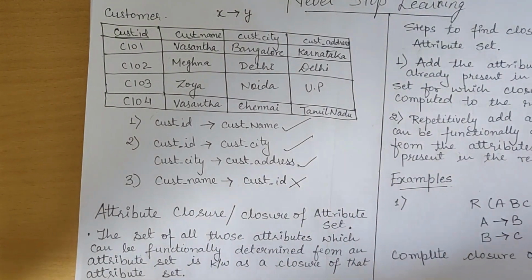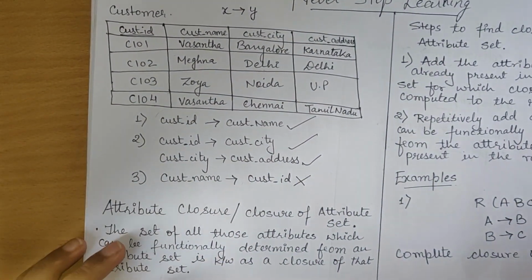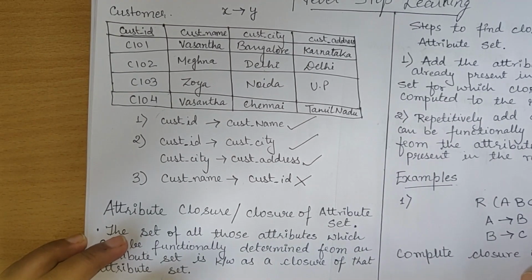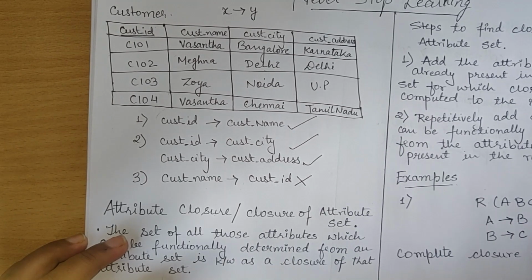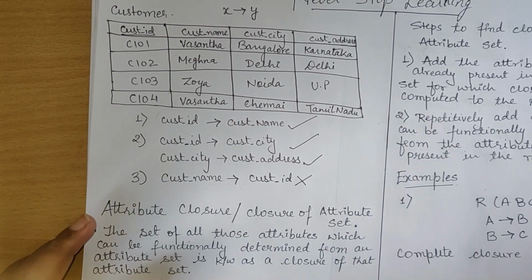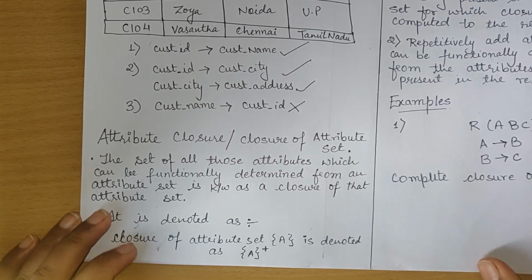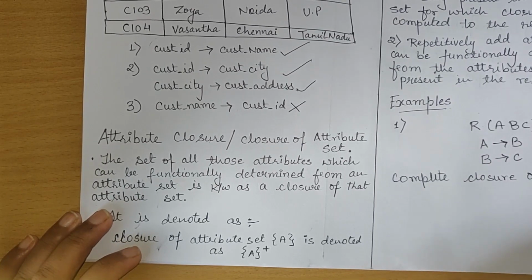Now what we are going to do is calculate the attribute closure, also known as closure of attribute set, or in some books you can also find closure on attribute set. All are one and the same thing. First understand the definition of attribute closure, then I will tell you how to calculate it.